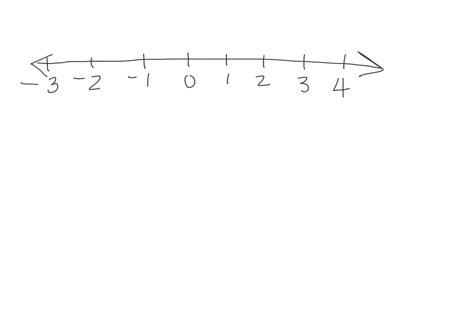So if we remember, if we take any number and we multiply it by -1, it rotates the number on the number line by 180 degrees.